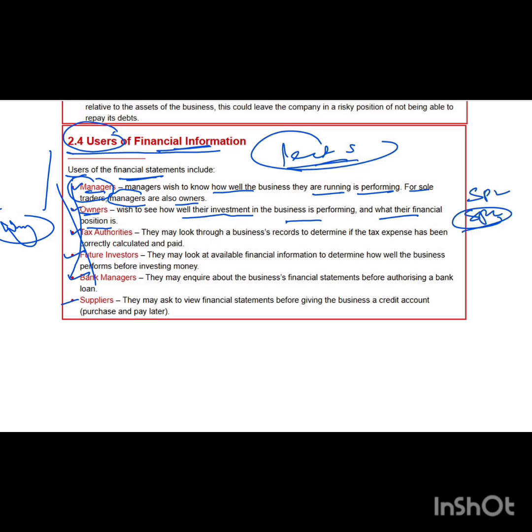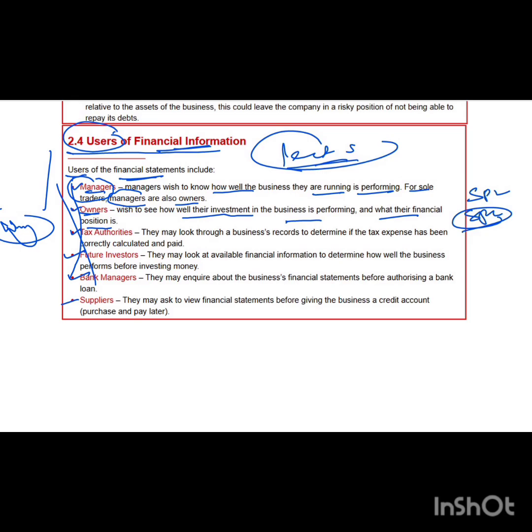Let's move on to the third user, that is the tax authority. Why are they required to see this financial information? The reason is to make sure the business paid the correct amount of tax, because they are concerned with the tax. They want to know whether the company is paying the exact tax which is imposed, and that they are not cheating the tax authority.